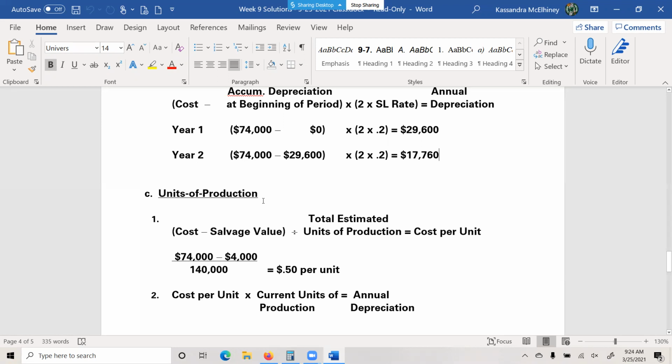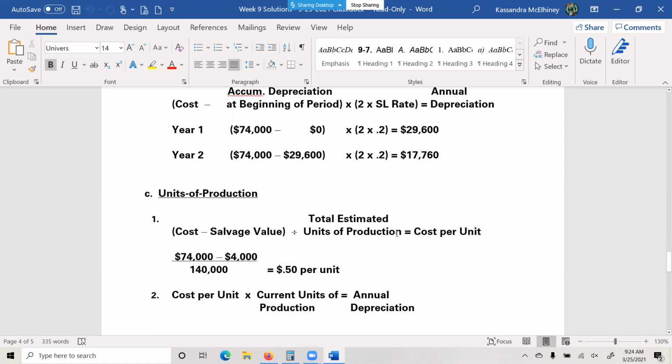So the units of production formula is given right here in part 1. And we do involve our salvage value in units of production. So it's cost minus salvage value divided by the total estimated units of production over the life of the equipment.